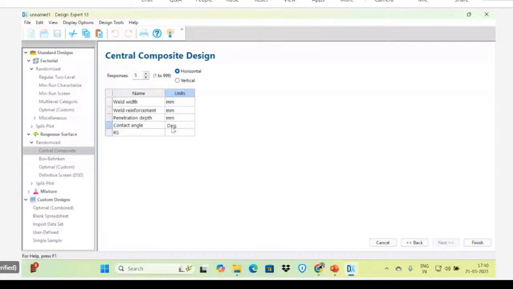And then dilution is in percentage. So these are all the responses that we have to calculate. Then we can click finish. So these are the combinations that we have to make.